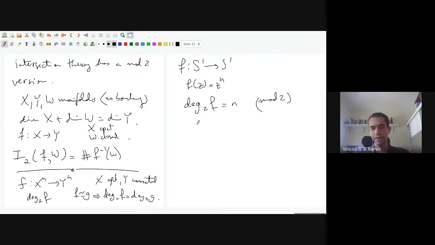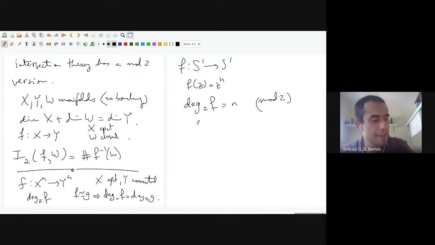So that's not going to do it. Of course, for different n's these maps are not homotopic because the signed degrees are different.